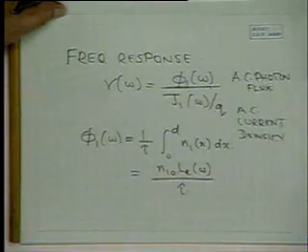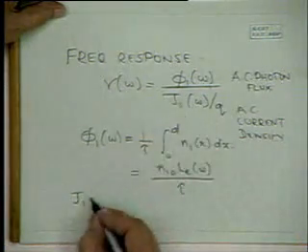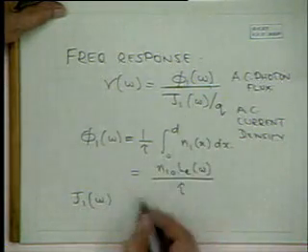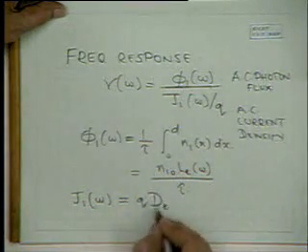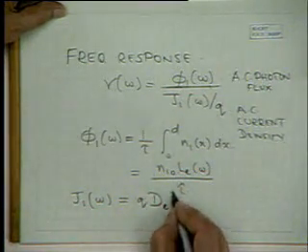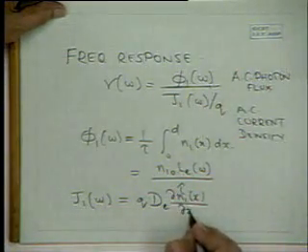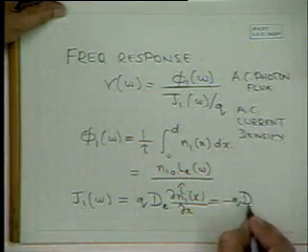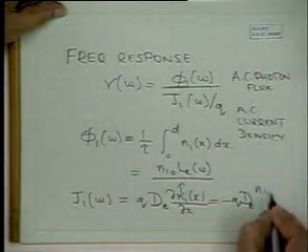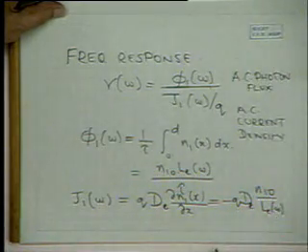So we want to calculate J1 omega. Current is diffusion current, so it is q D_E delta n1(x) delta x, the gradient, and this is equal to minus q D_E n1(0) by L_E(omega).